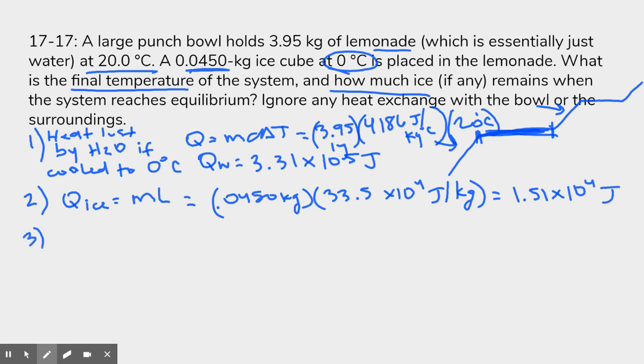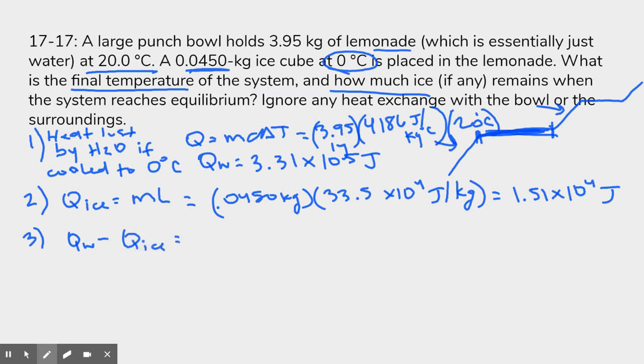Okay, step 3. Let's figure out how much heat is left over at this point. So after we have taken whatever heat was needed to get the water to 0 degrees, and then whatever heat was needed to convert the ice, to change that into water, to melt it, we're going to see what's left over after that.